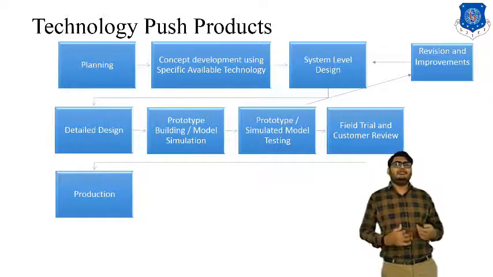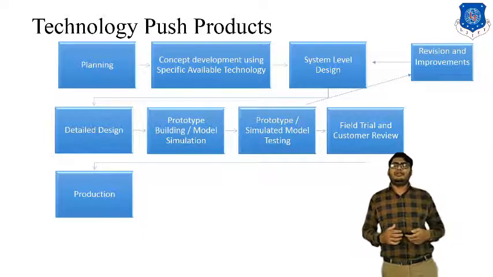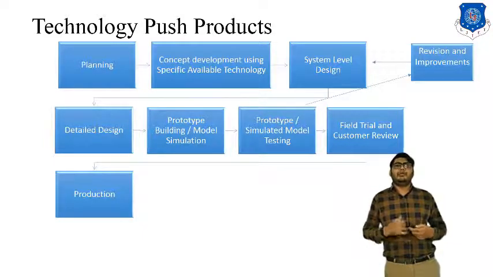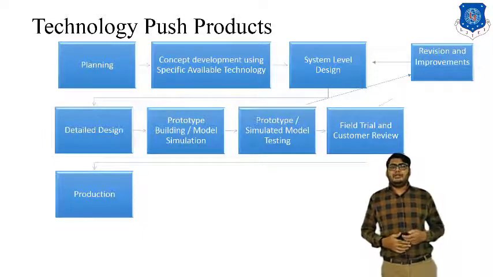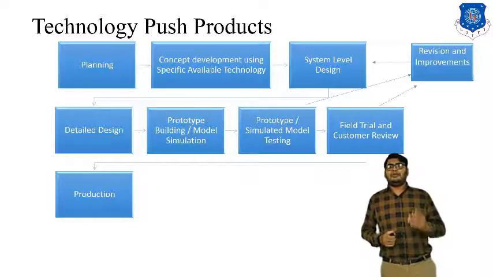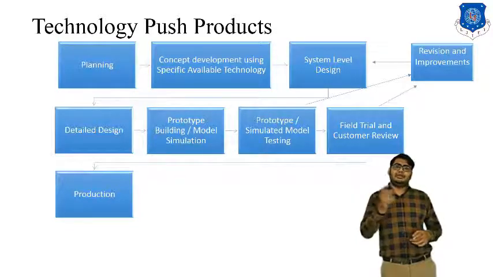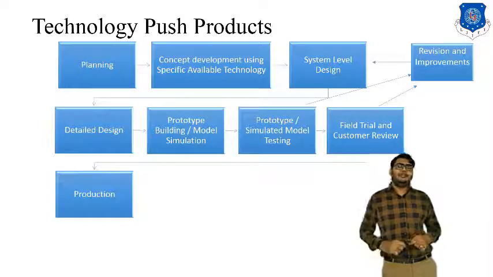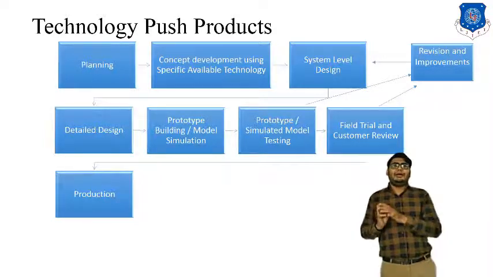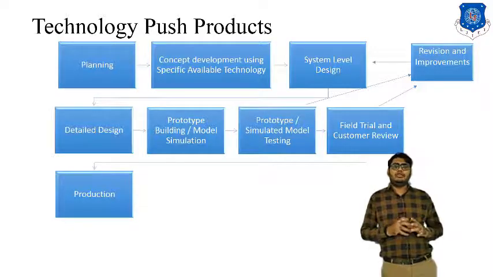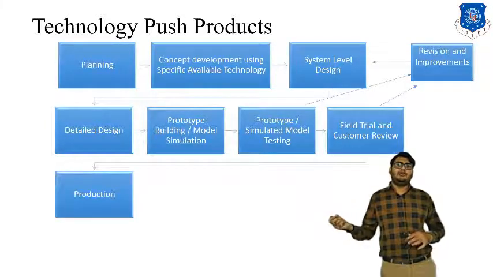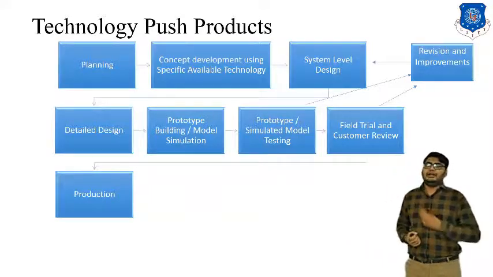If customer gives some feedback and says that if I want some improvement in your product, then you can go for revision and improvements, and you can again start with system level design. So the change in market pull products and technology push products is only here the field trial and customer review, which need not be done in market pull product because customers are already demanding those products.